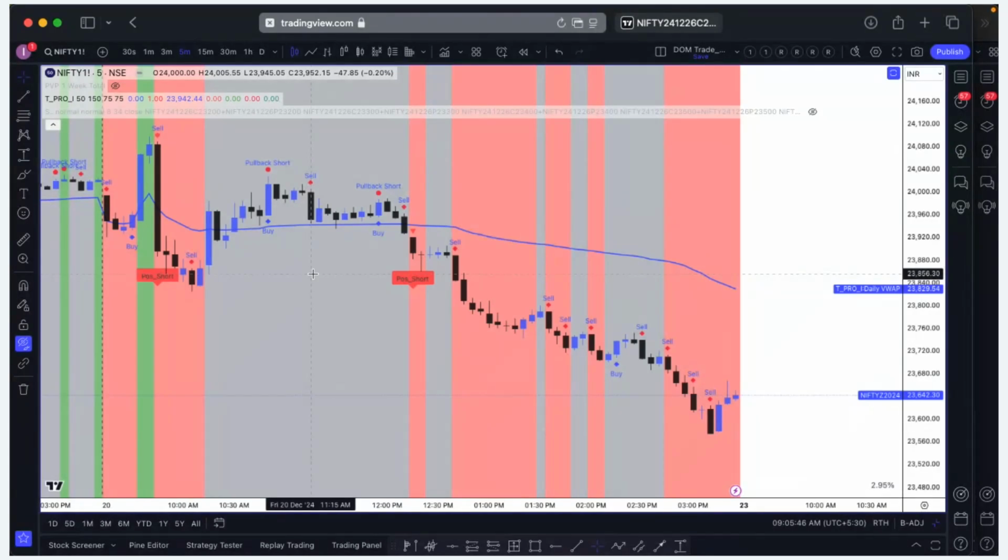So for that, we have developed a straddle dashboard, which will tell you which straddle is in sell or which straddle is in buy, and what you can do with that. So this is your straddle dashboard.